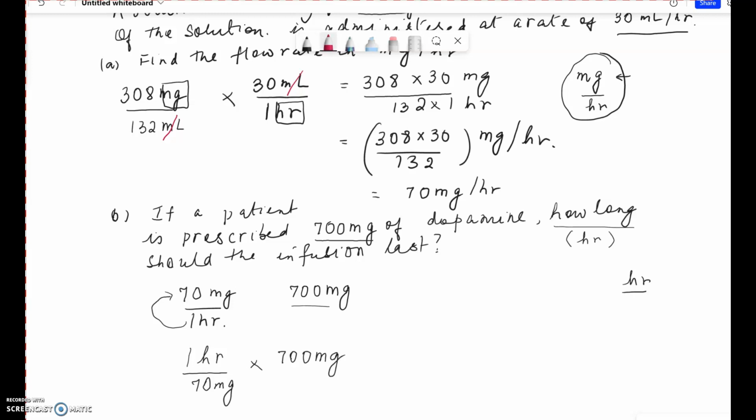And we do that to cancel the milligrams with the milligrams. So our final answer is in hours. So that's 700 divided by 70. The only unit left is in the numerator, and that's in hours. And that is equal to 10 hours.